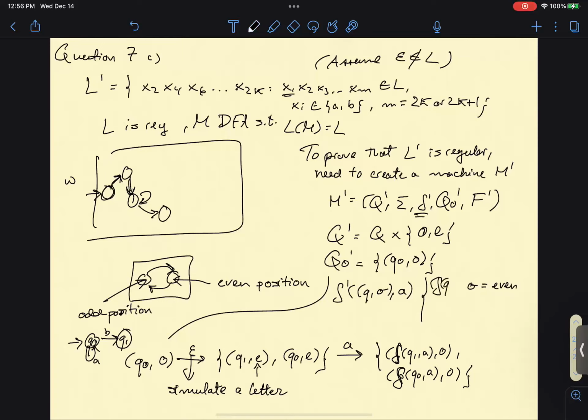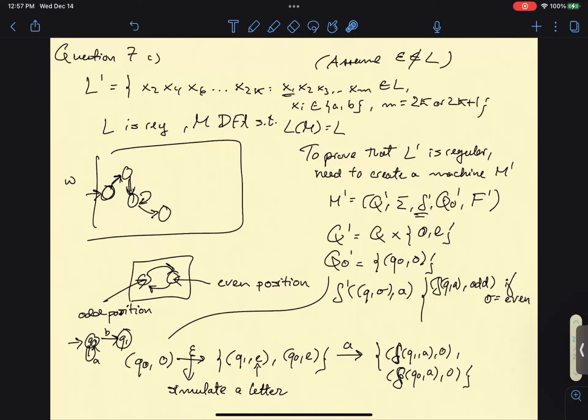I do delta Q A. If I'm in an even state, then I actually want to consume the input. So I'm consuming the original input, and I'm going to where I want to go.